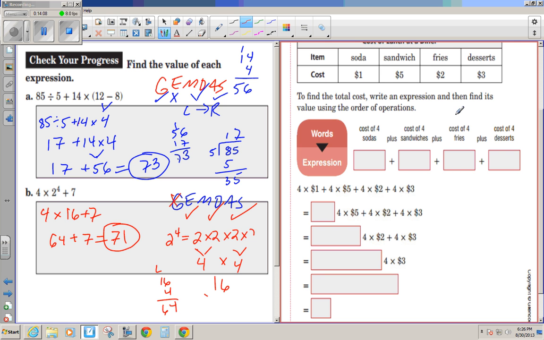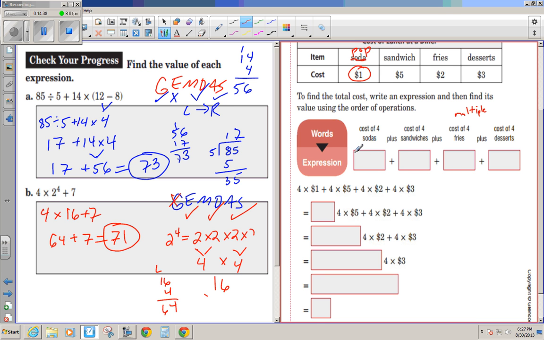Cost of, that means multiply. So this isn't an exponent. What it's saying is the cost of 4 sodas. If you look at a soda in Michigan, actually I'm going to cross this out. This should really read pop. That's what we call it in Michigan. Cost of 4 sodas. If you just look here, 1 soda is $1, 2 sodas $2, 3 sodas $3.